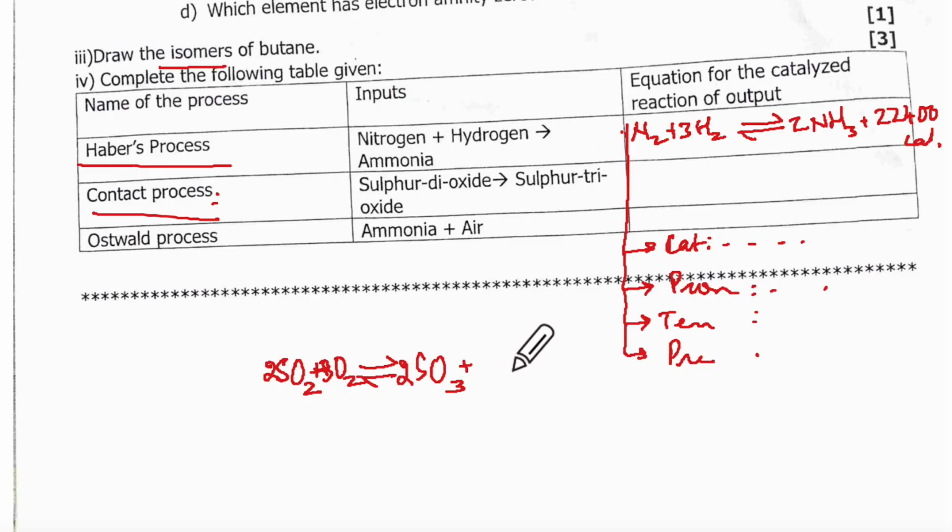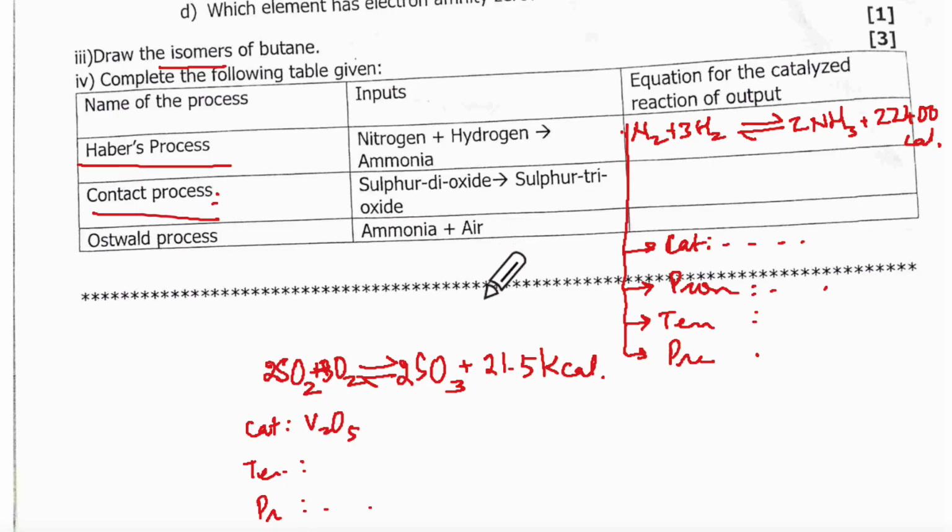Is it 45.5? It is 21.5 kilocalories. Correct. What is the catalyst? Vanadium pentoxide. Temperature 450 to 500, and pressure is 1 to 2 atmosphere. Correct or no?